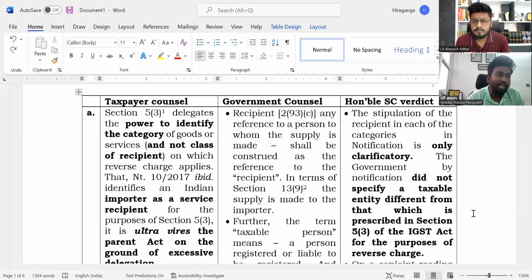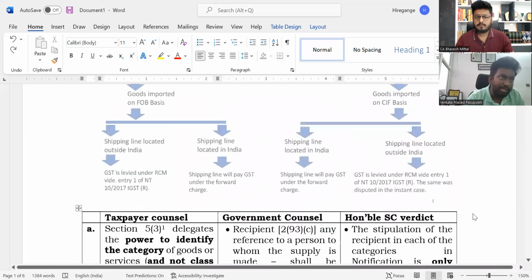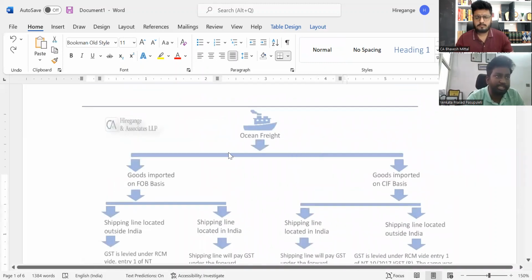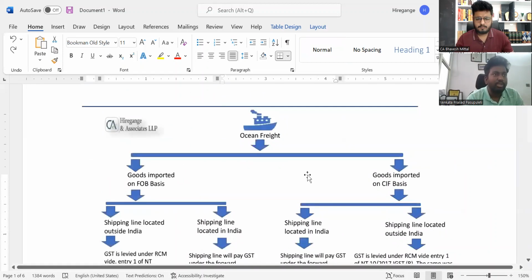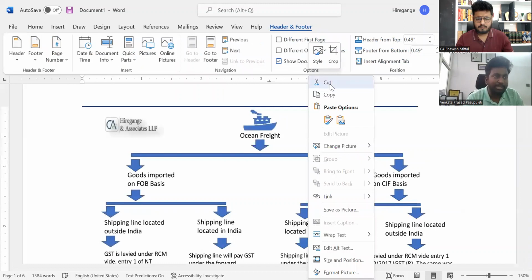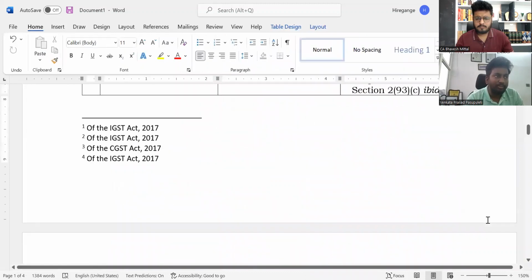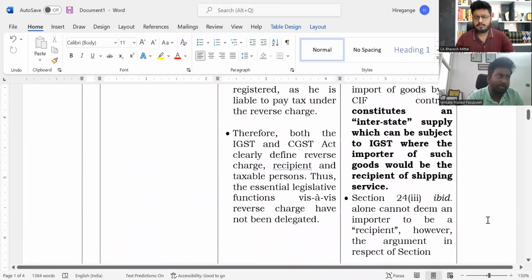The argument of the taxpayer was rejected, and it was held that the Indian importer, though not being a contractual party to the transportation between the foreign supplier and foreign transporter, becomes a recipient.